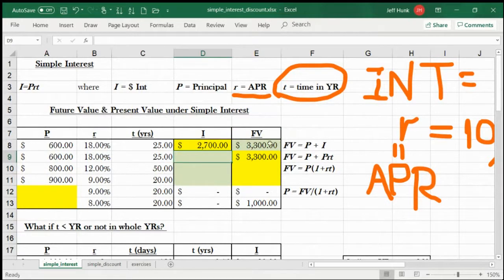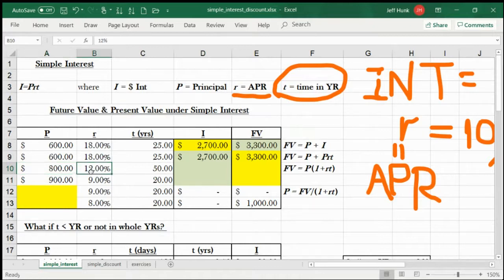In other words, you got the future value this way, right? If you got to the future value this way, and it's principal plus interest, then if you know the future value and principal, interest is simply the difference between the two, isn't it right? So there you go. We got to the same result.